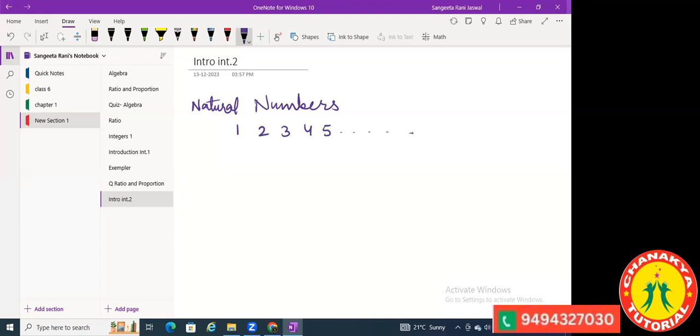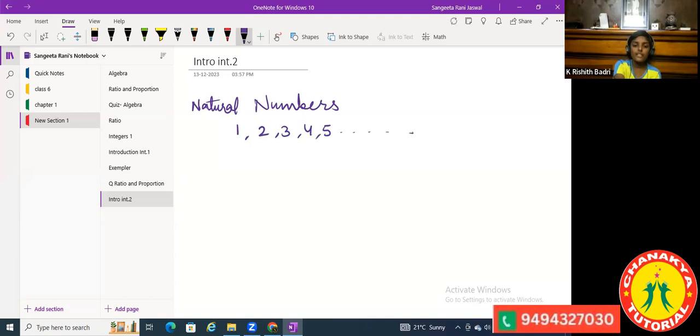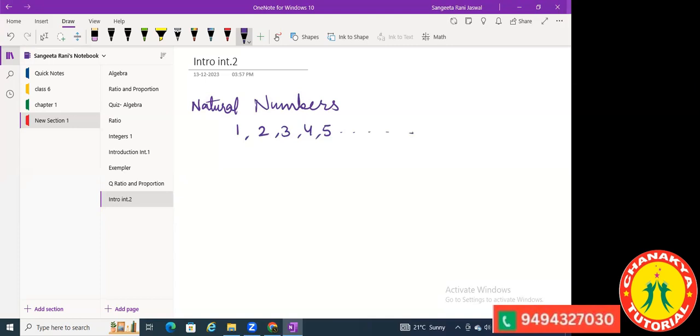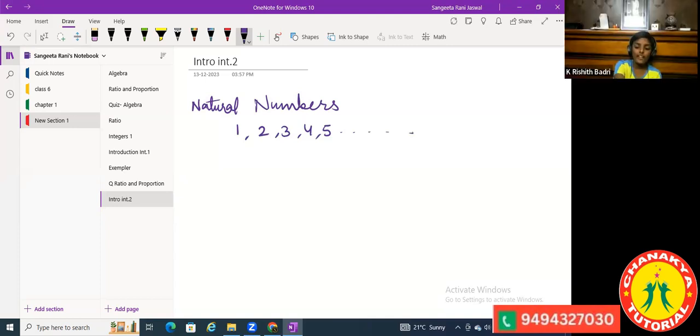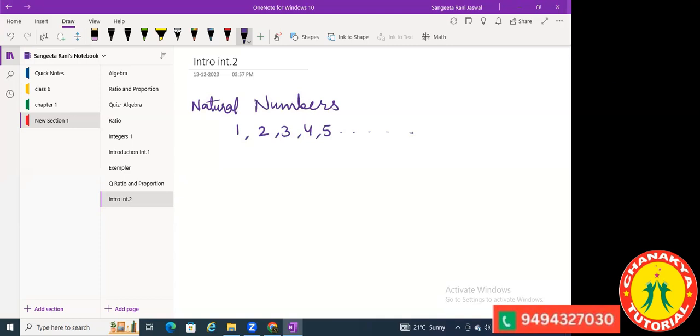There is no end to it. Natural numbers are like a line, ma'am, they don't have any endpoints. Irfan, you understood what natural numbers are?